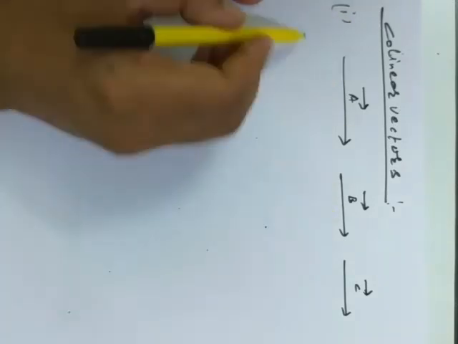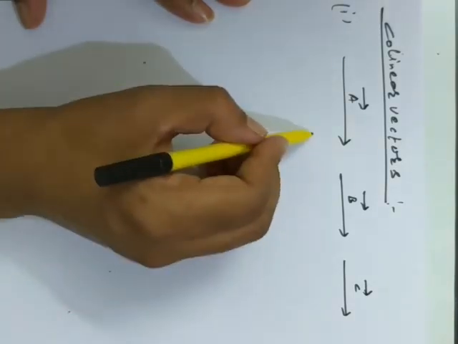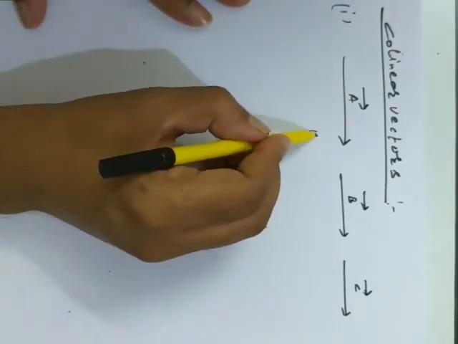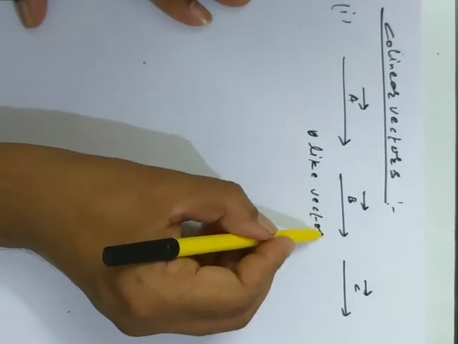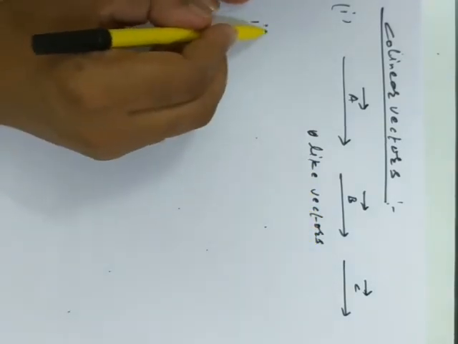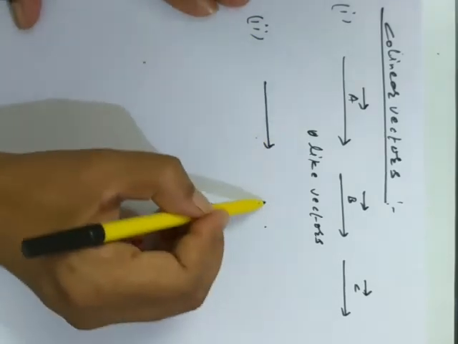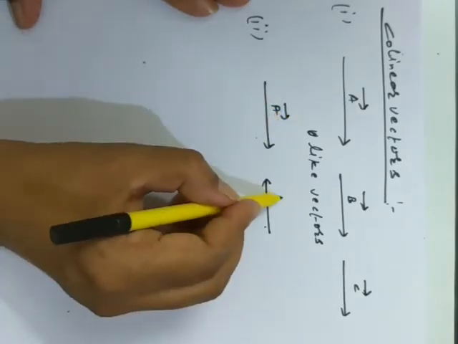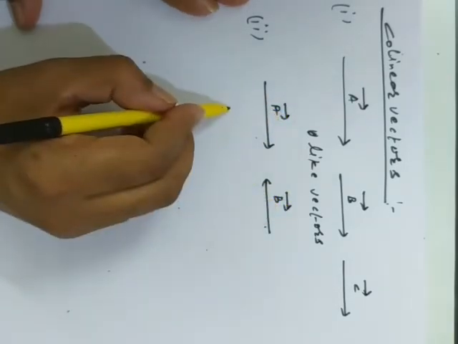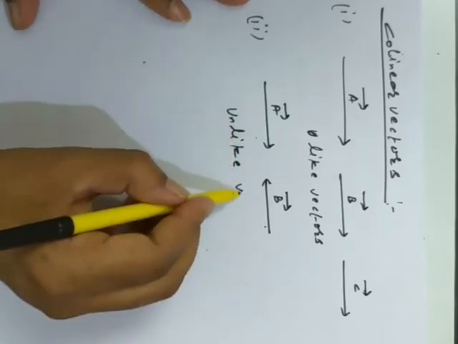When all the vectors are acting along the same direction, this category is called like vectors. The second category: suppose the vectors are collinear but they are acting in different, that means opposite, directions. We say that these are unlike vectors.